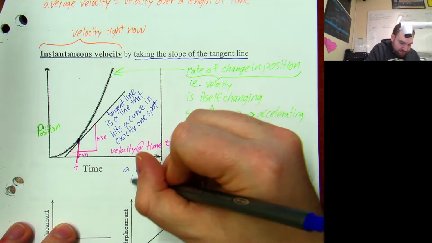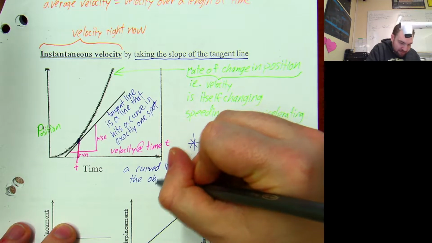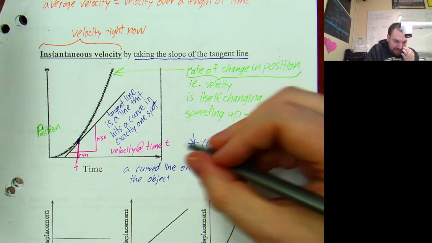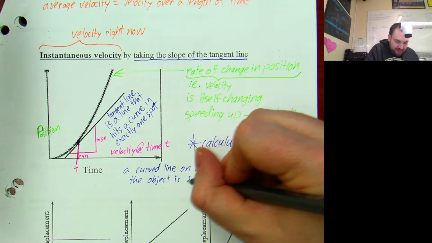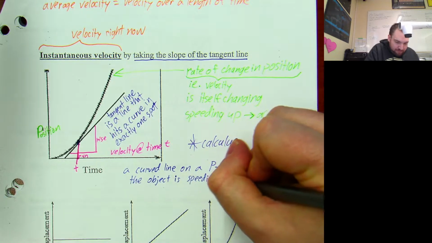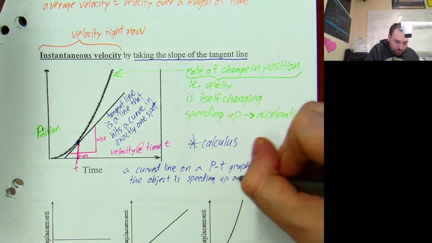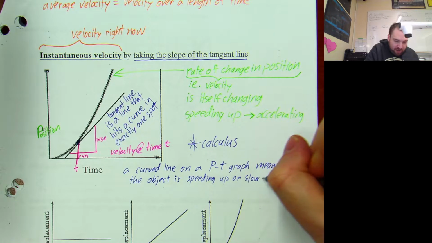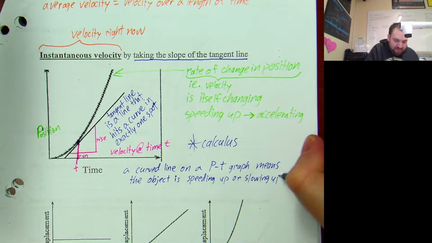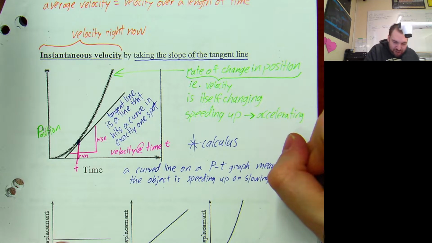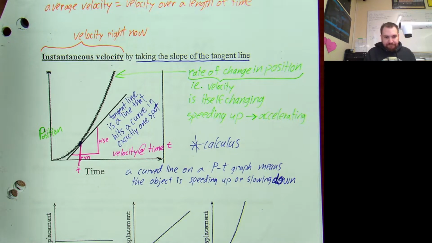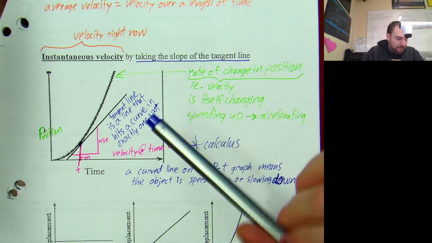Means the object is speeding up or slowing down, depending on the direction of the curve. And that depends on the direction of the curve. We'll analyze that on the bottom here in a sec.